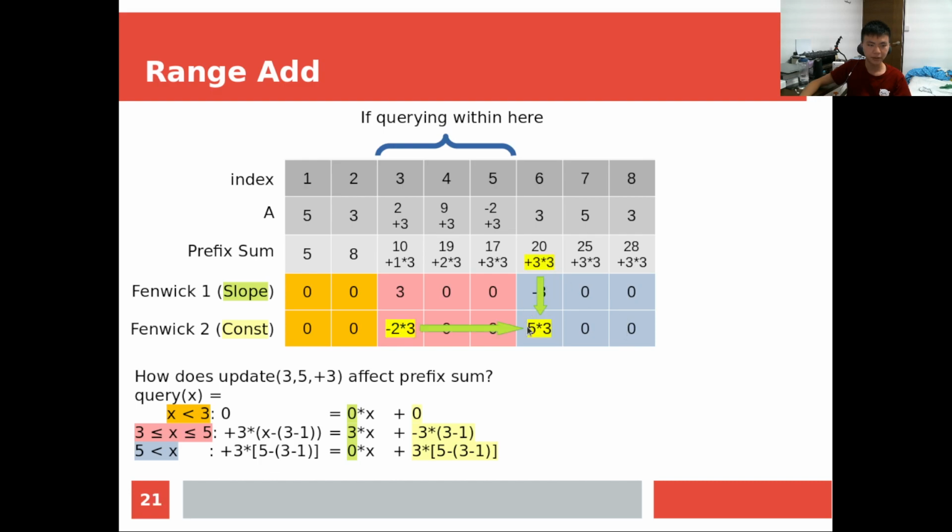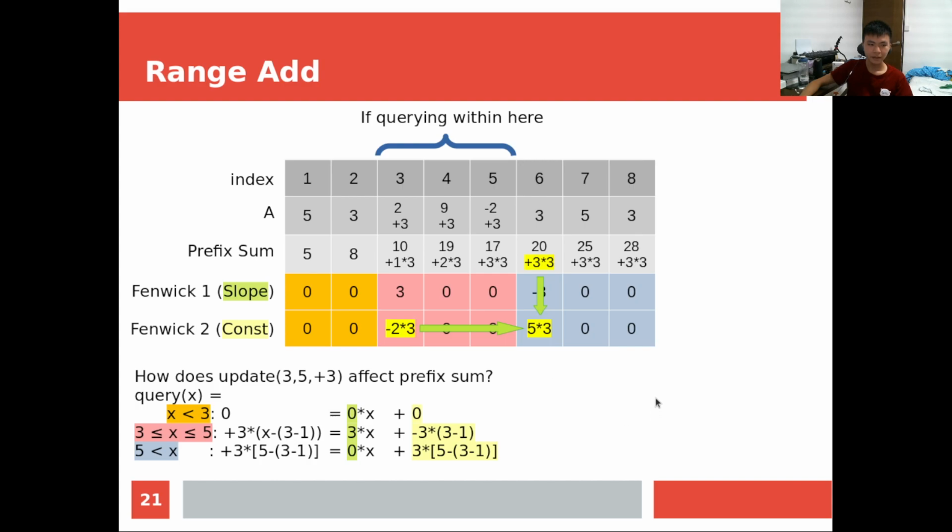That makes sense because 5 times 3 is what you want to add to the second Fenwick tree if you want to, number 1, compensate the minus 2 times 3 that was added at index 3, and number 2, obtain the constant contribution by querying the second Fenwick tree. So just now we were asking the question of what do we put in indices 6, 7, and 8? Now we know the answer is actually this one minus this one.